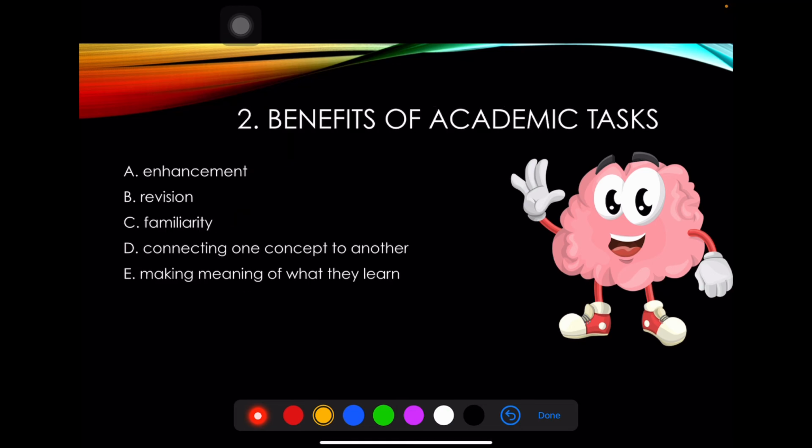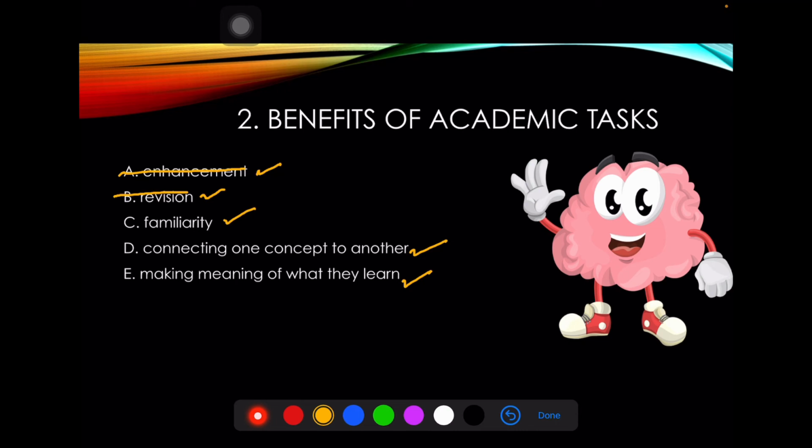Number two, benefits of academic tests will be enhancement, revision, familiarity, connecting one concept to another, making meaning of what they learn. Okay, enhancement and revision, we already had this earlier. Familiarity, that means the students will be familiar with that particular subject, that particular topic.